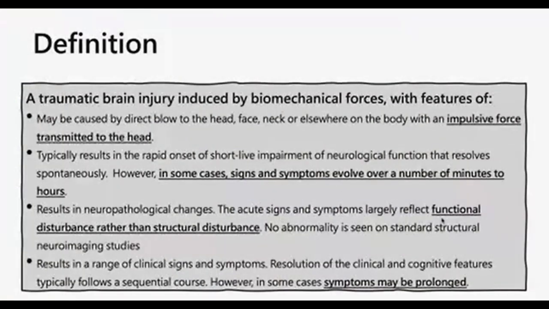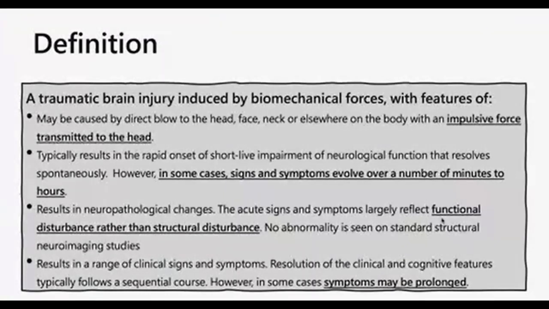These are definitions from the 2016 version. It's a traumatic brain injury induced by biomechanical force, with the feature of impulsive force transmitted. The keyword is transmitted to the head. So it doesn't necessarily need to be a direct blow to the head; you can transmit the force via your neck, your trunk, or even everywhere else in your body. Typically, it results in a rapid onset and short-lived impairment of neurological function, but in some cases these signs or symptoms last for long.